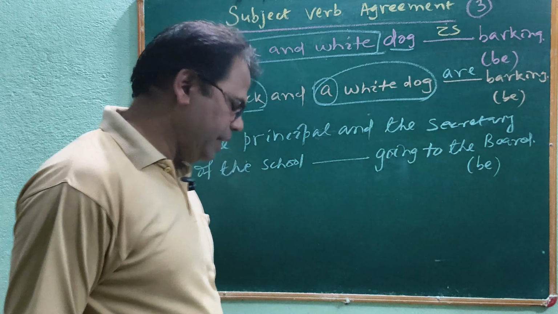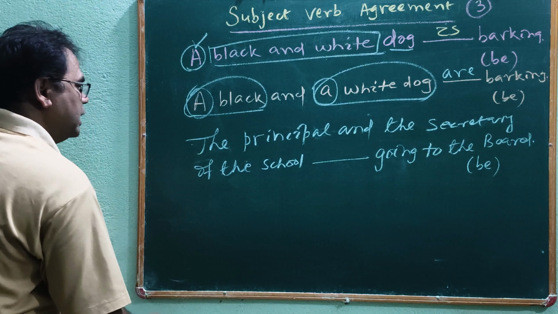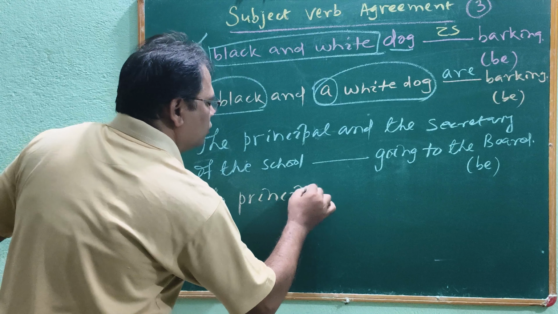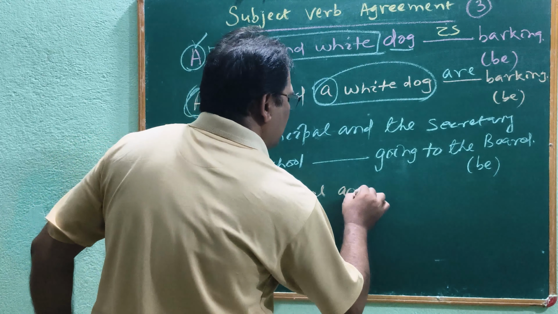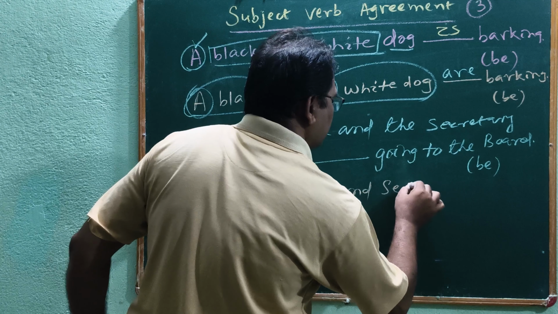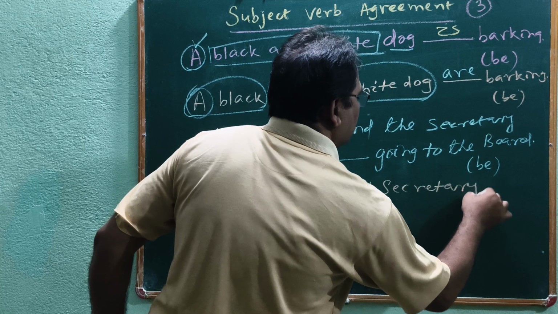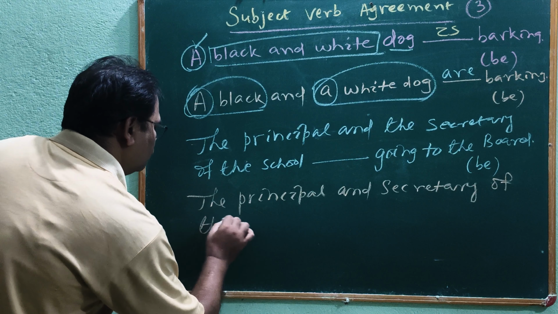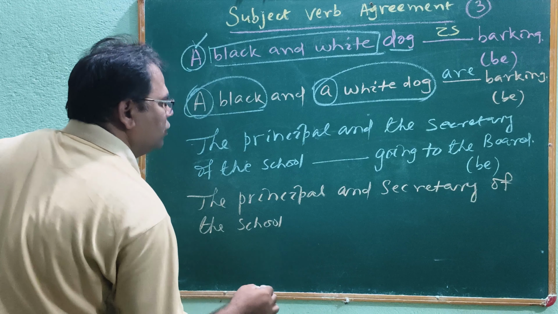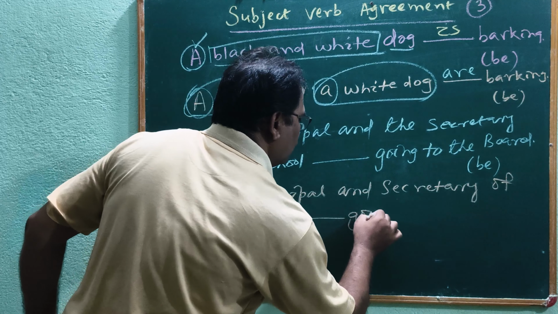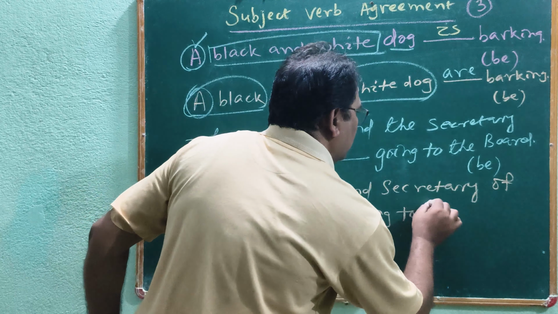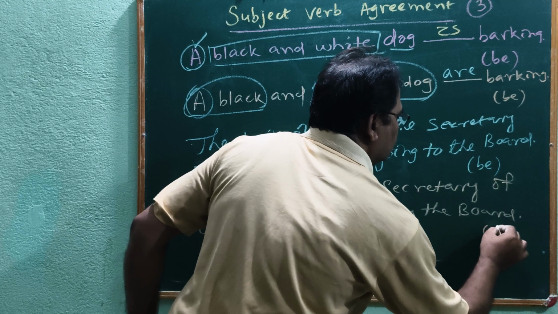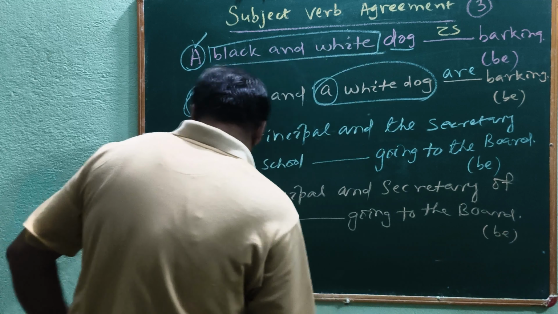Use the correct form of the verb be. And in the second sentence: the principal and secretary of the school, dash going to the board. Is is the correct form of be.